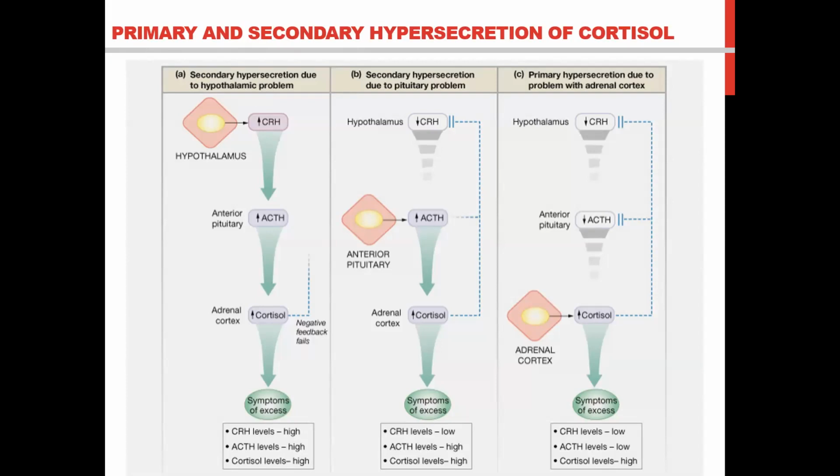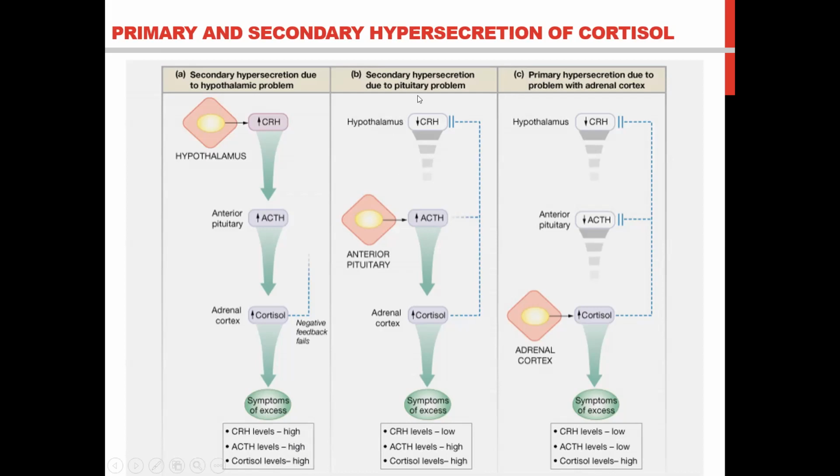For the secondary hypersecretion due to a hypothalamic problem, the problem is in the hypothalamus. So there would be increased levels of CRH, ACTH, and cortisol. So the negative feedback mechanism will fail.